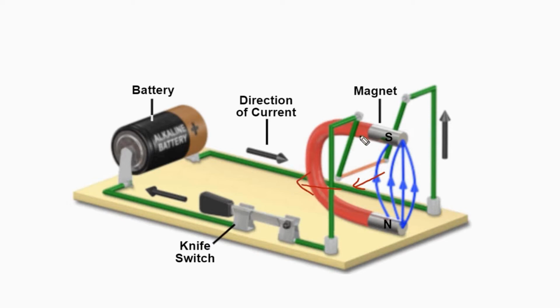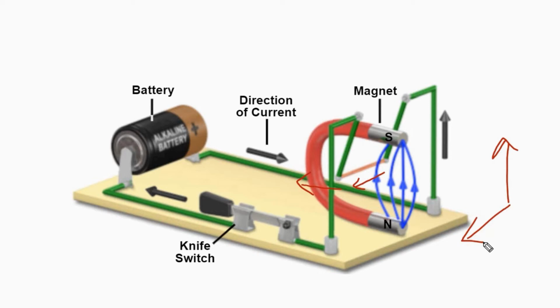We can mark its direction like this. So all these three are mutually perpendicular to each other: the direction of flow of electric current, the magnetic field, and the direction of motion of the conductor.